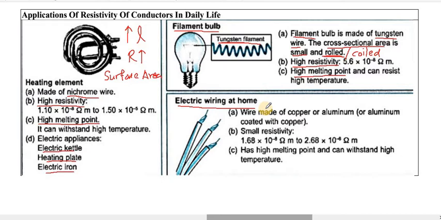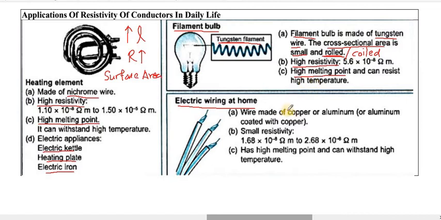If you want to transfer electrical energy, you want the resistance of the wire to be low. So how can you make the resistance low? One of the methods is to choose a material with low resistivity.